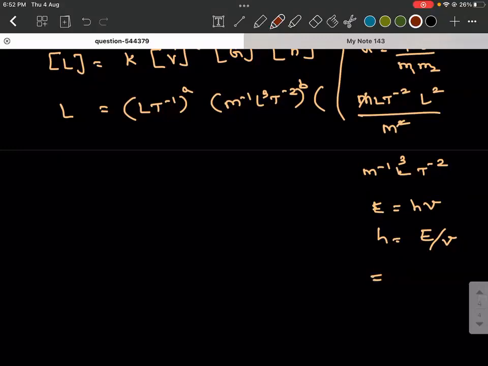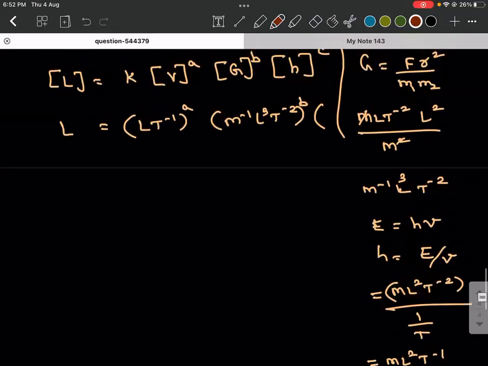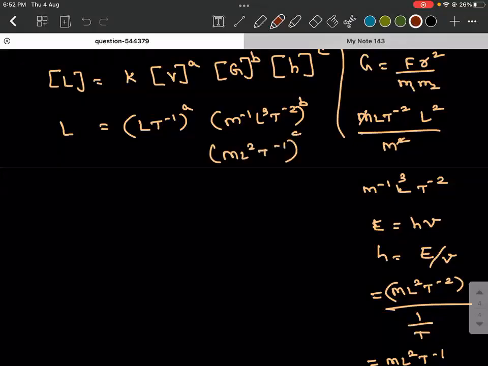So E is measured in M L square T minus 2, divided by nu, which is measured in 1 by T. So it will become M L square T minus 1. So here it will be M L square T minus 1 to the power c.